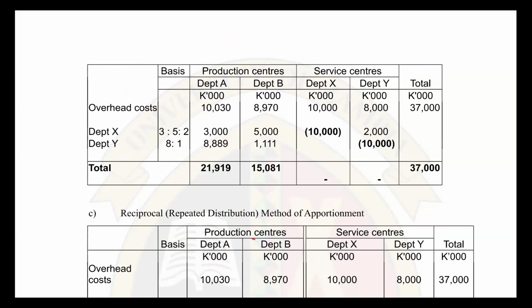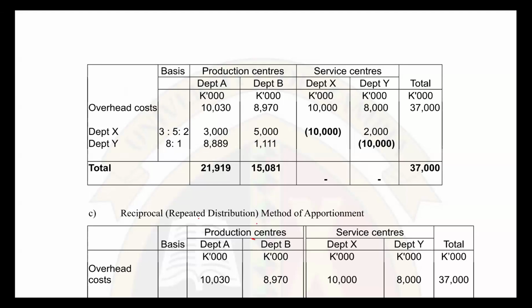Now, listen carefully. Once you have dealt with X, the elimination method suggests that we are done with X. You deal with your X, then that's that. Don't go back and deal with X again. So now, you're going to go to Department Y and do the apportionment from there.